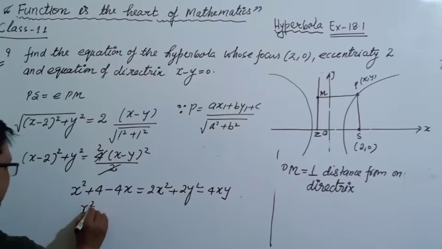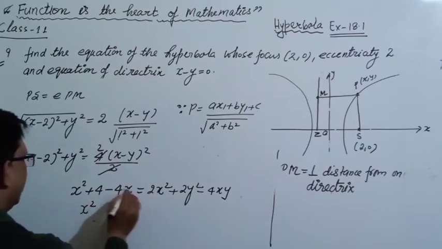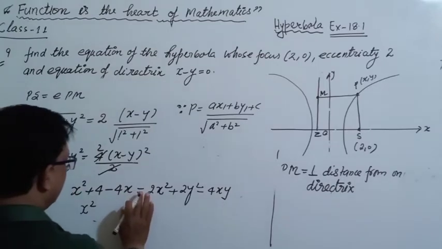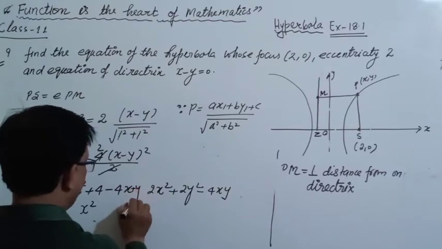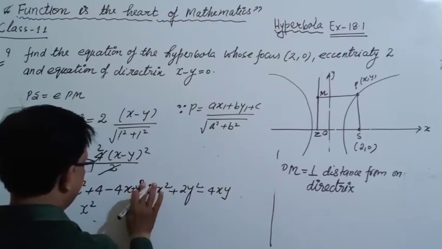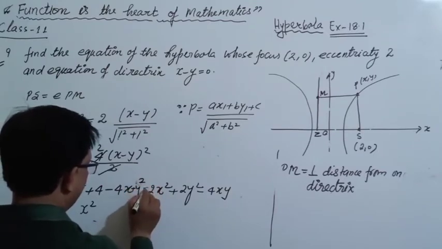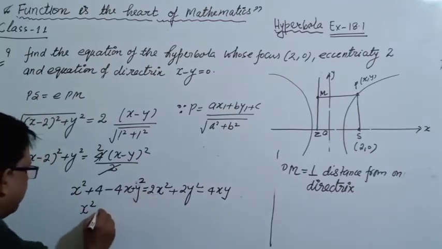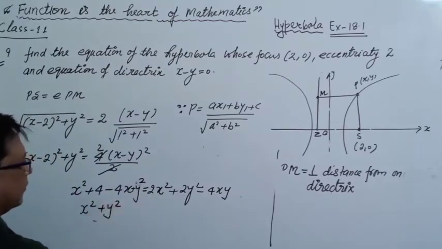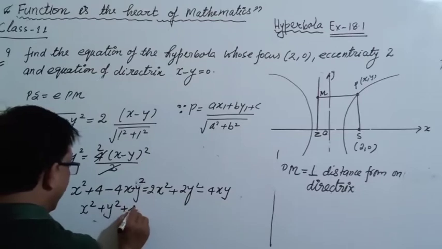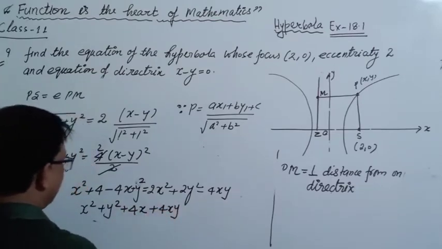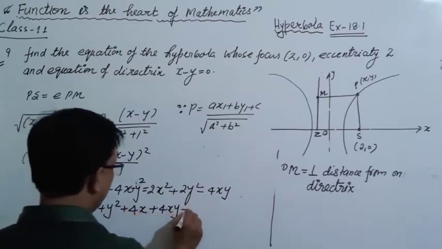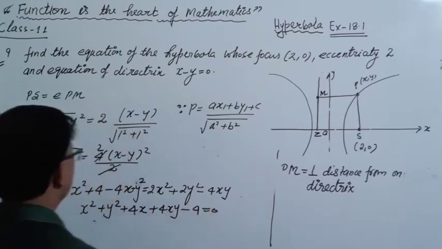So this becomes x square, and here y square is left. So x square plus y square plus 4x plus 4xy minus 4 is equal to 0.